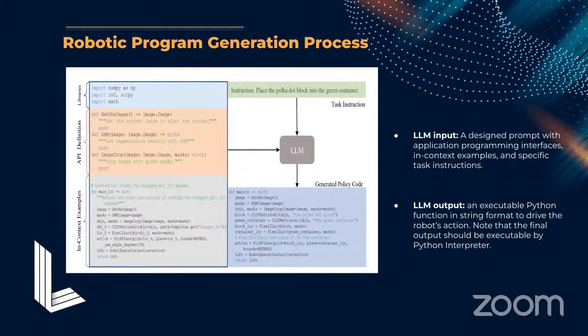All these components would help a large language model to understand how to use different libraries and APIs to perform calculations and basically create new functions. And then after that, the LLM would output an executable Python function in a string format to drive the robot's action. And we should note that the final output should be executable by the Python interpreter that I'm going to talk about in the next slide.